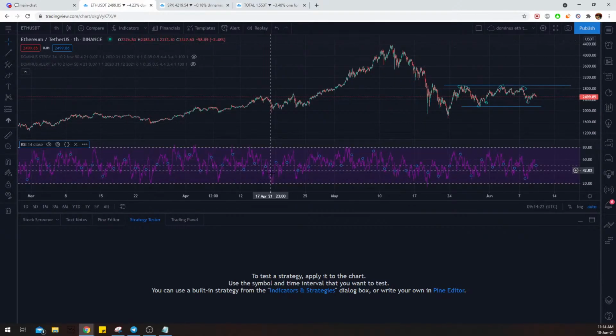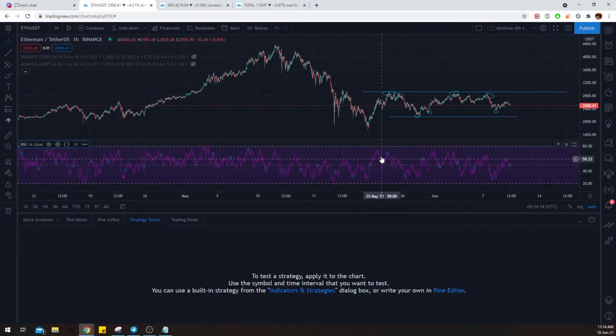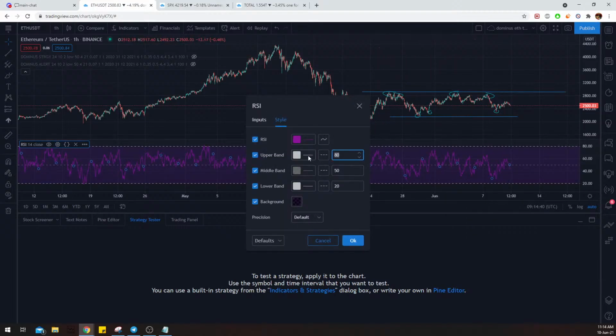But when you have a trend, you can see that it's always going to cross the bigger barrier, in this case the 80, or when you have a sell, it's going to cross the 20. But in this case, what it does is it always stays within a range. So let's say that range, let's make it smaller, 70 with 30.